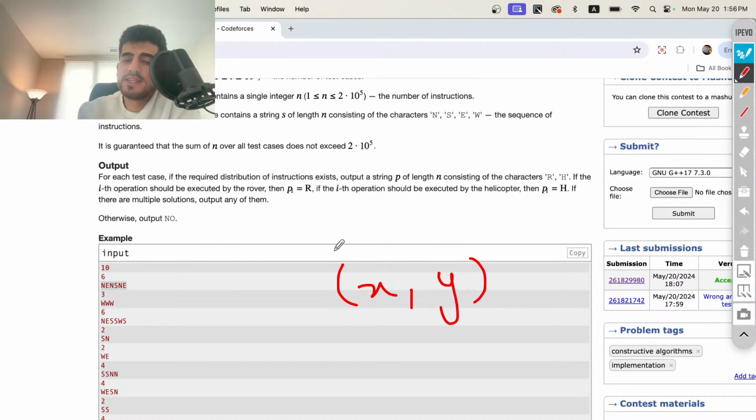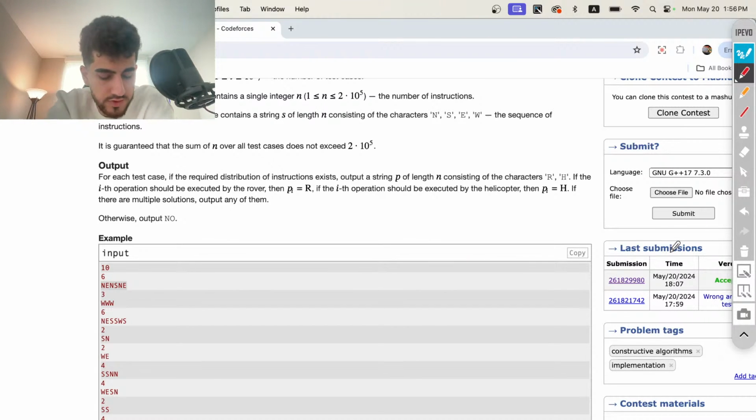The key observation is that both of the robots should go to x half and y half. And the next key observation is that if we move one of the robots there, the other one will go there automatically. So this is the most important thing. Right. So is it clear?